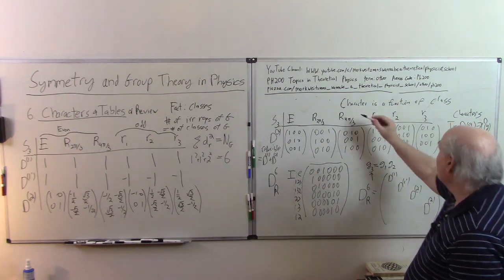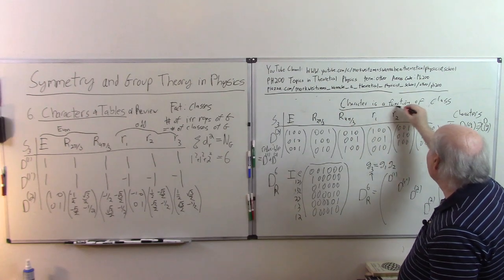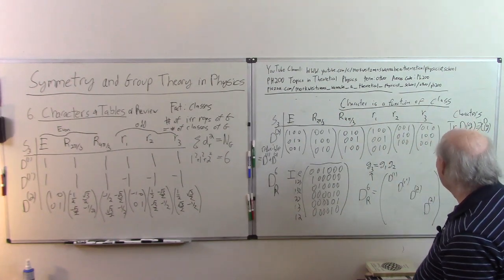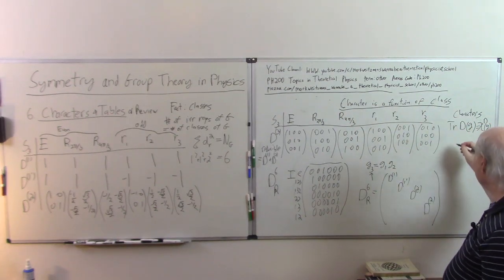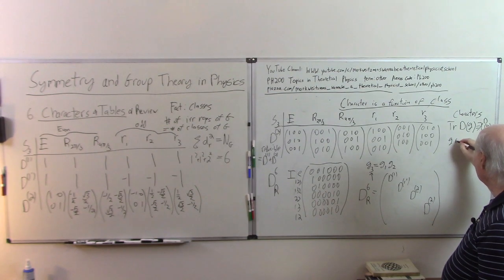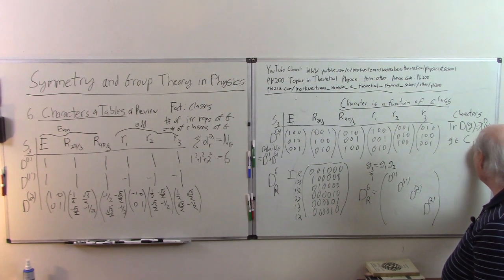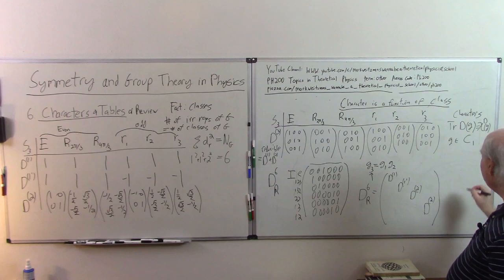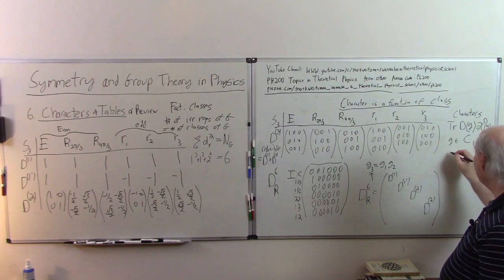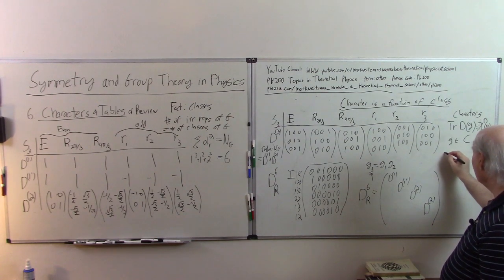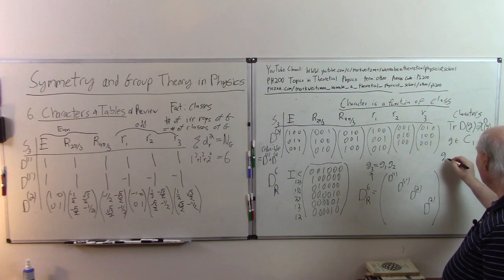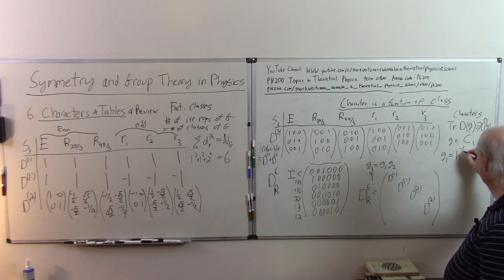When I said before, character is a function of class. Because think of it, if we have an element G in a certain class, let's call it C1, and we take any other element in that class, let's call it G1, we know that G1 is going to be equal to H inverse GH.